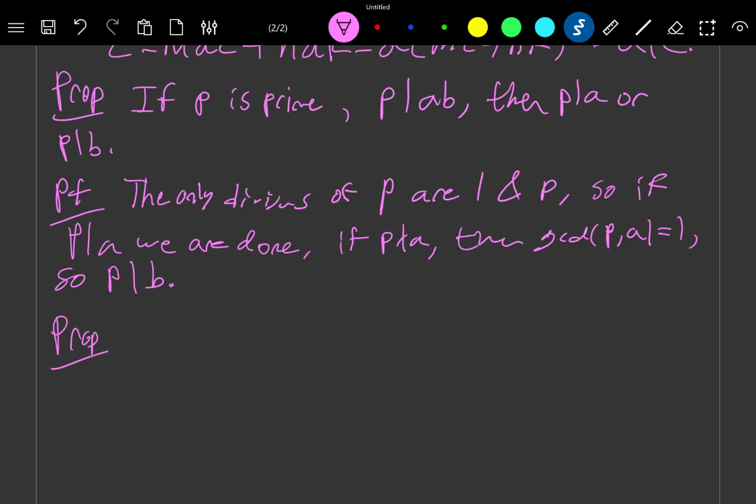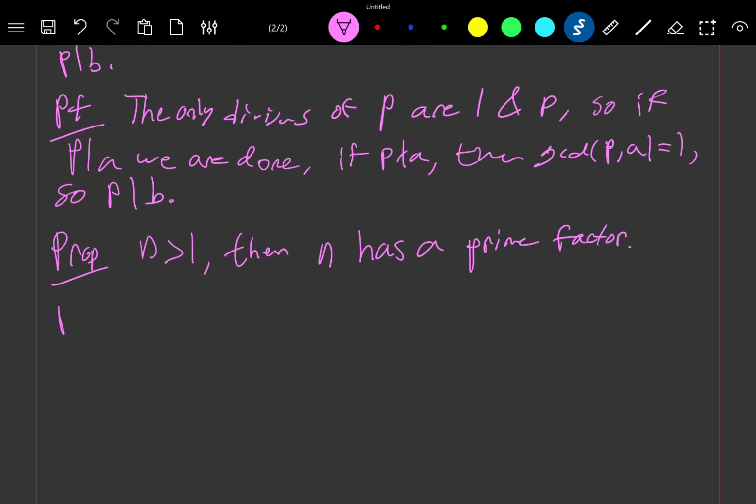So now I'm going to give the following proposition. If n is greater than 1, then n has a prime factor. So there's some prime that divides n. So let's give a proof of this.